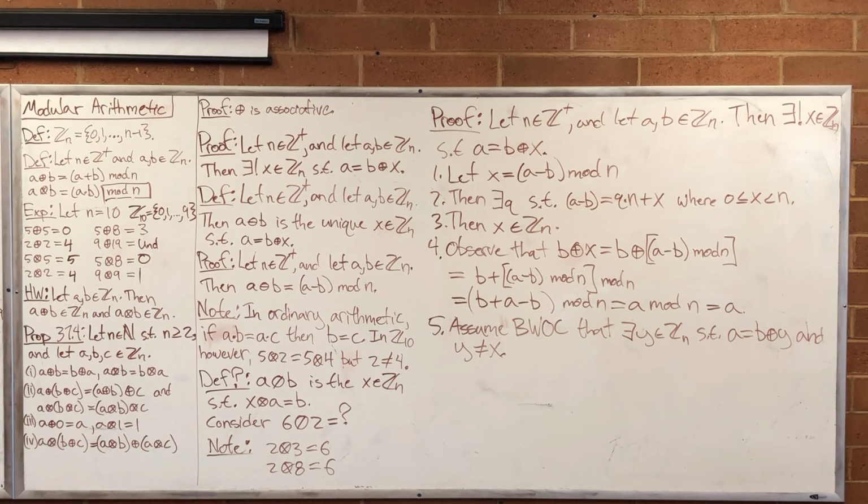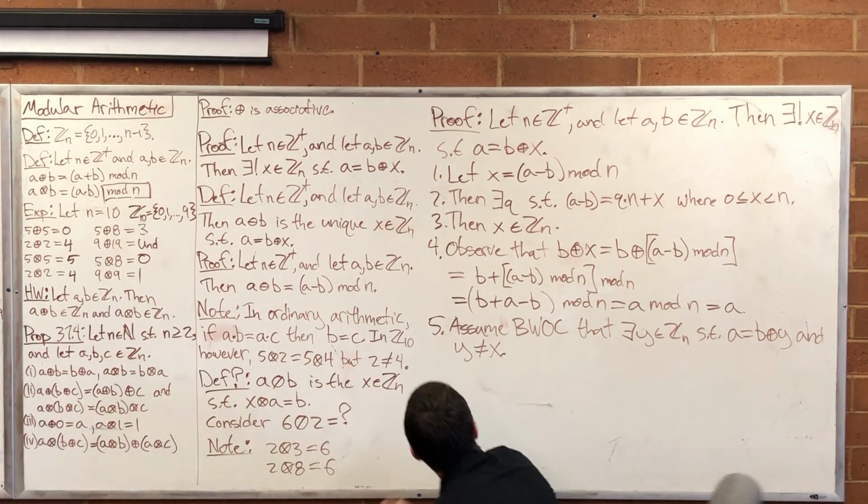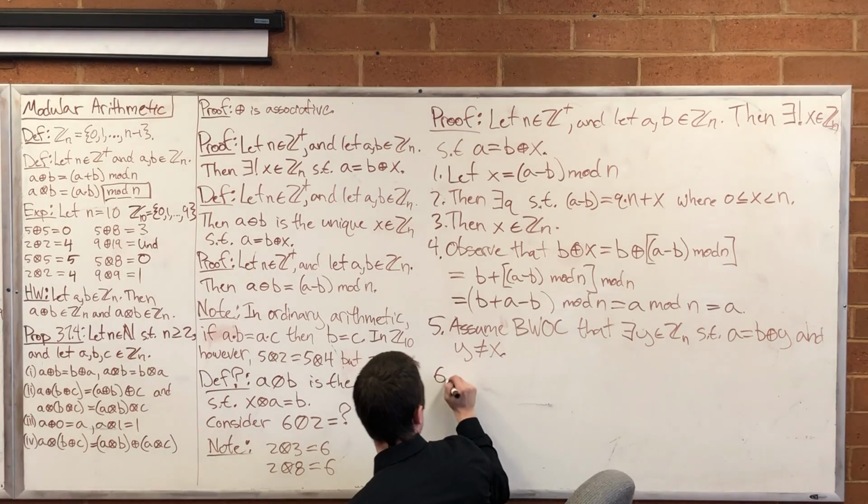And we're going to show that y is in fact equal to x, contradiction, and therefore x is unique. Everyone understand big picture what we're doing? Okay. So 6.